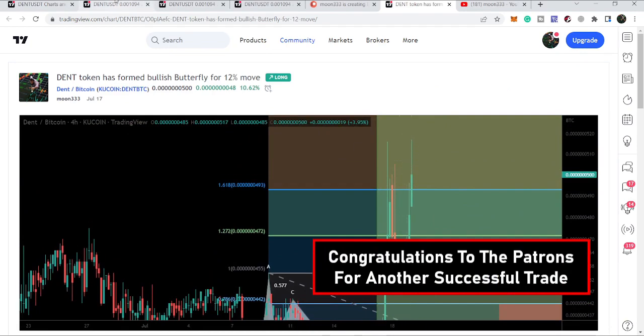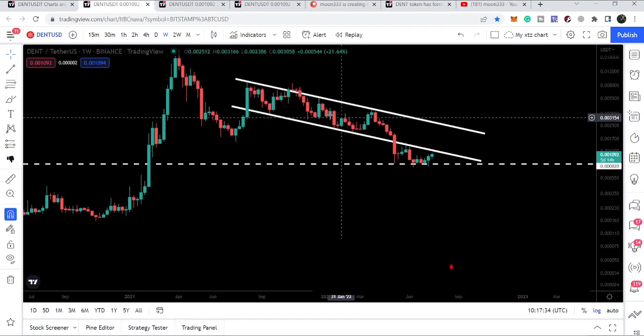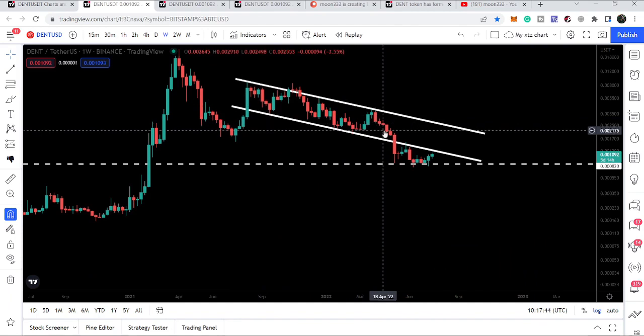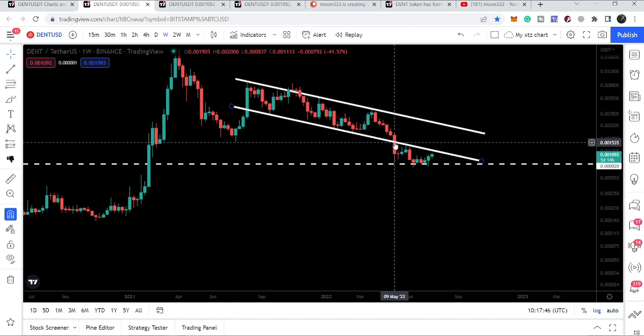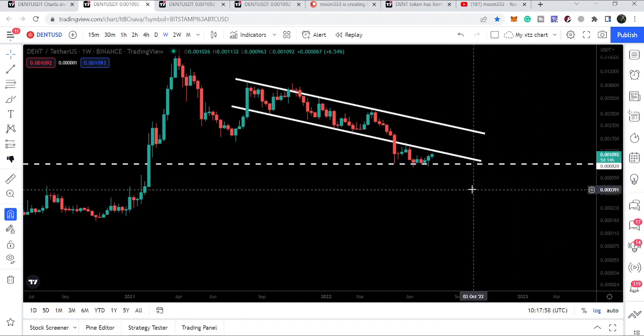Now, if we take a look at the weekly time frame chart, then here DENT token was moving inside this down channel, and I have been showing you this down channel in my previous videos on DENT token a few months ago. And here on 9th of May, DENT token broke down the support of the down channel on this weekly time frame, and here we have the key support at $0.000820.